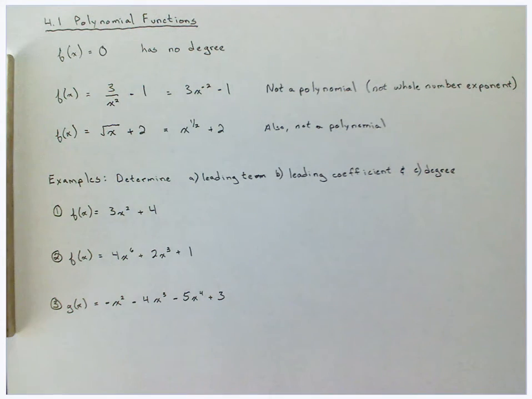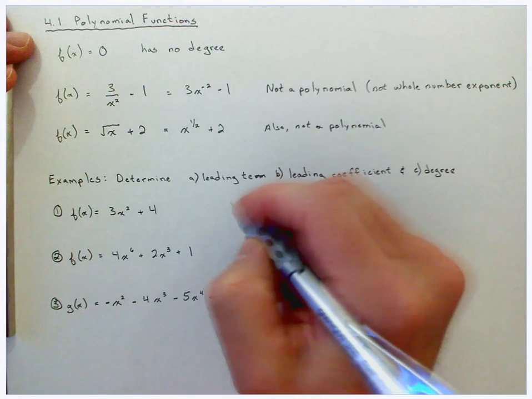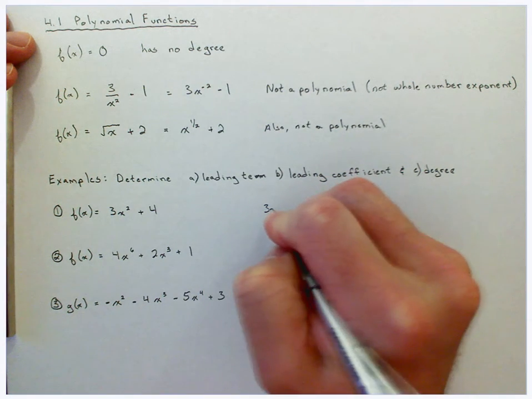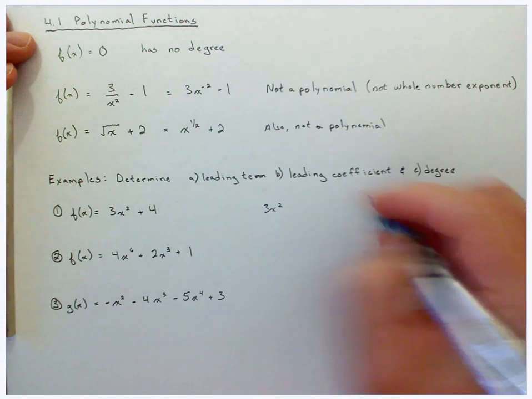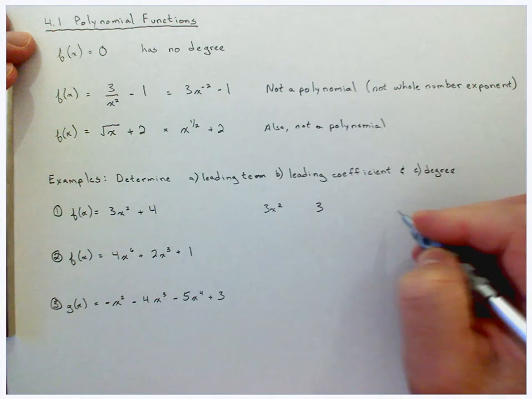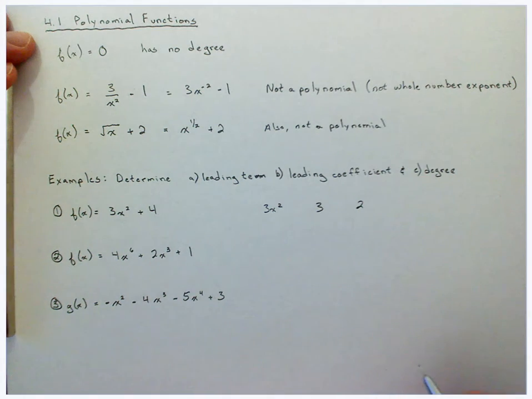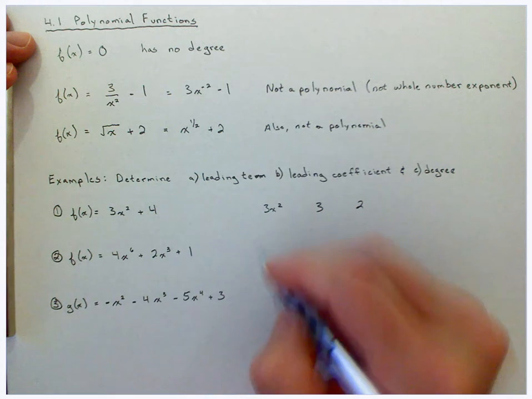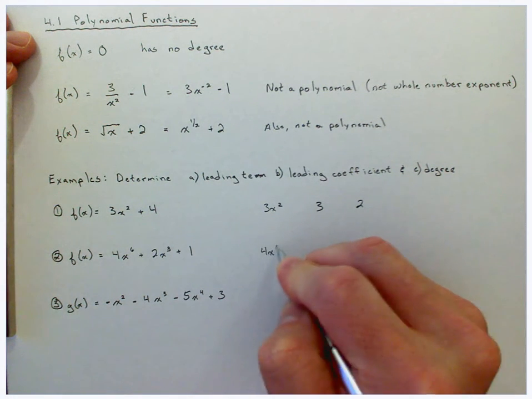So, here are some examples, 1, 2, and 3. I want you to determine the leading term, the leading coefficient, and the degree. Pause the video and go ahead and answer those. Alright, so my leading term is 3x squared. Leading coefficient is 3 and my degree is 2. Leading term, 4x to the 6th.